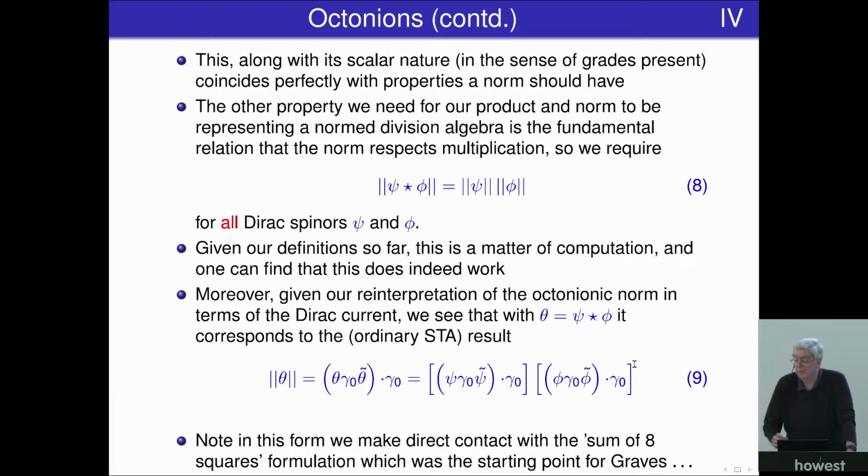And now we can make contact with that PS of Graves, because we've emphasized earlier that the Dirac current is the sum of 8 squares. If you remember, the A0 squared plus A1 squared through to B3 squared. And so this is a sum of 8 squares. This is a sum of 8 squares. And what we're saying is that their product is indeed another sum of 8 squares, which is very nice.